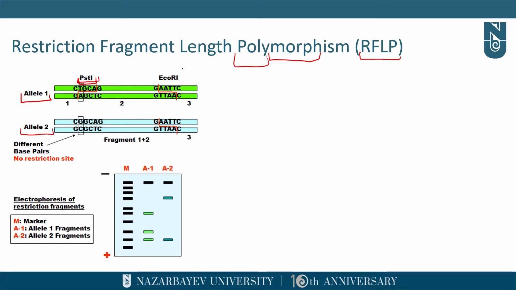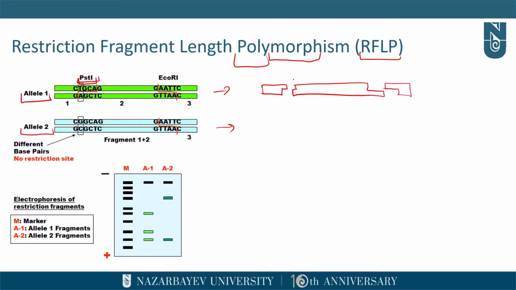So what happens at the restriction site of EcoRI? Let's say that we have the same sequences that allow the action of EcoRI. As the result of this cut, we will have a short fragment, then a long one, and again a short one.